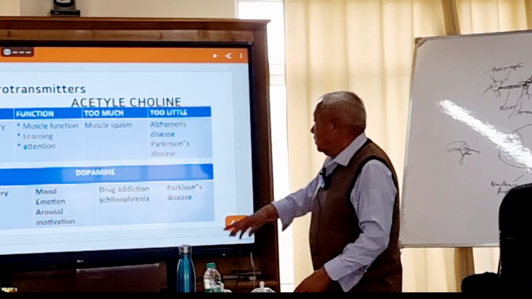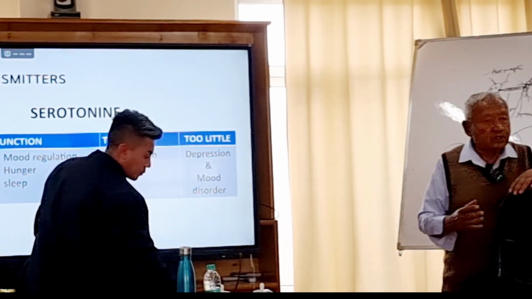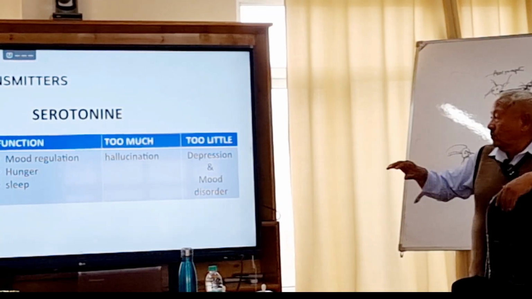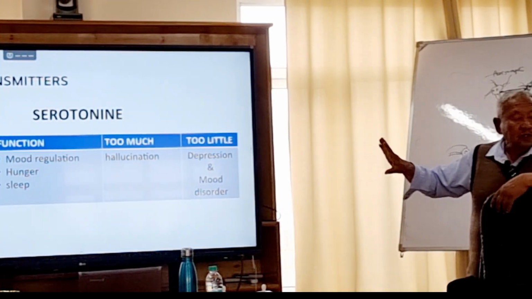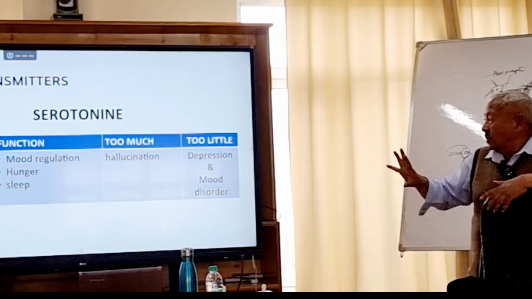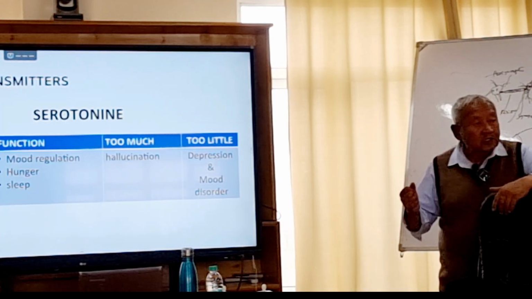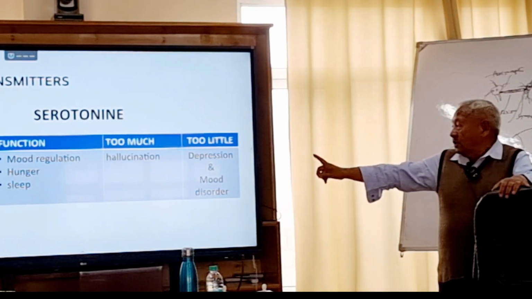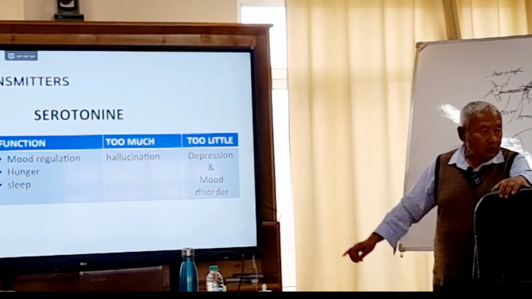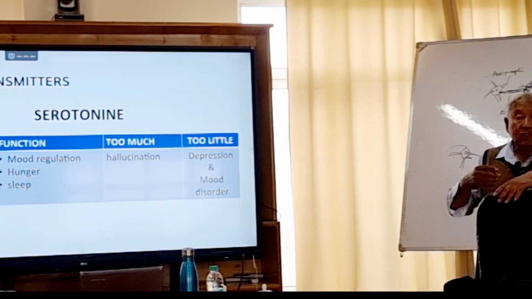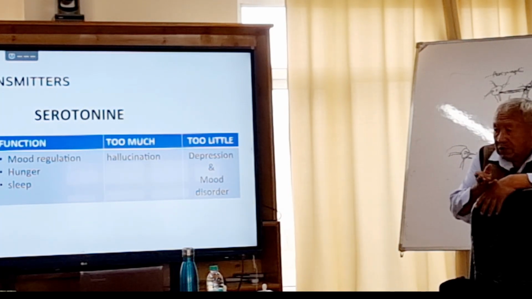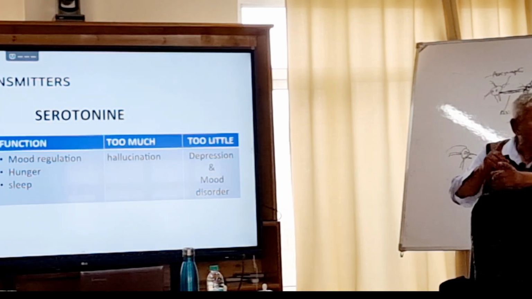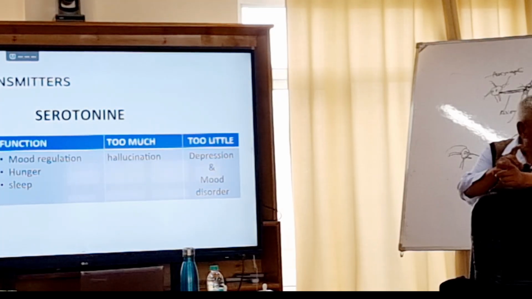Another neurotransmitter is known as serotonin. Serotonin is responsible for mood regulation, sleep, hunger, etc. If it is too much, it will cause hallucination. If it is too little, it will cause depression and mood disorder. In depression, in allopathic medicine, they give selective serotonin reuptake inhibitors.